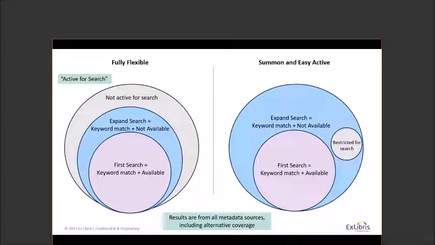Not like Primo Central, where libraries would do the dual activation and would also need to activate collections for search. Here we are taking this part out of the acquisition process, and we are enabling our customers to see and browse all the records from all over the index, and all the metadata sources participate in the results. This means that alternative coverage happens by itself behind the scenes.